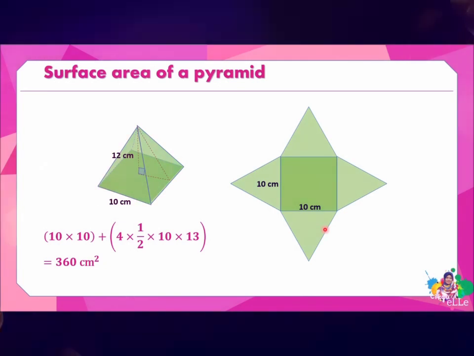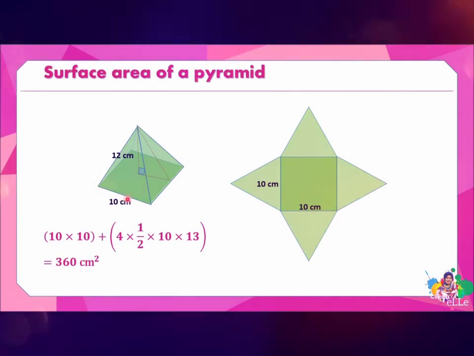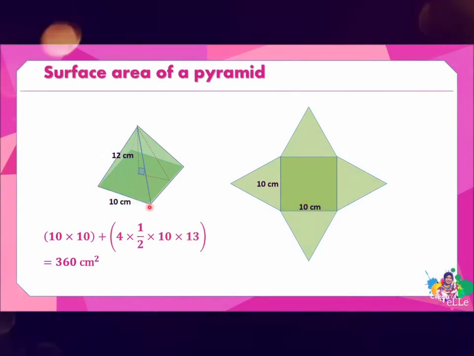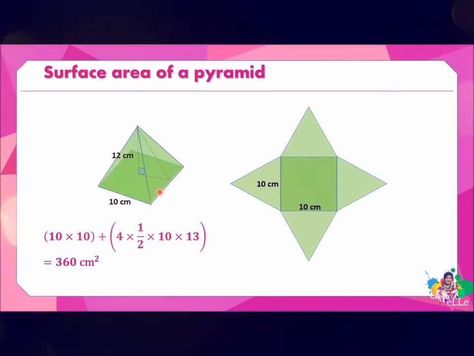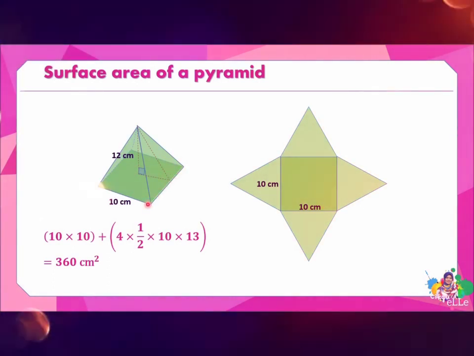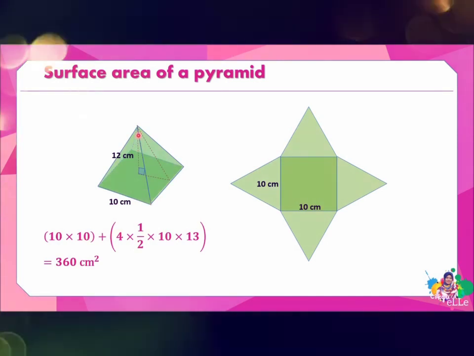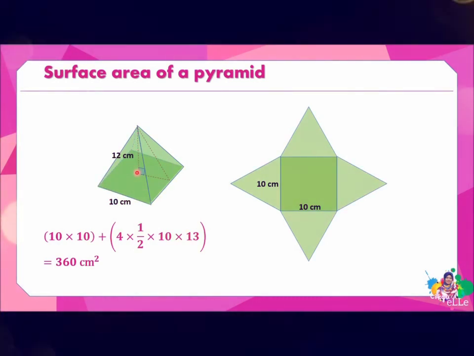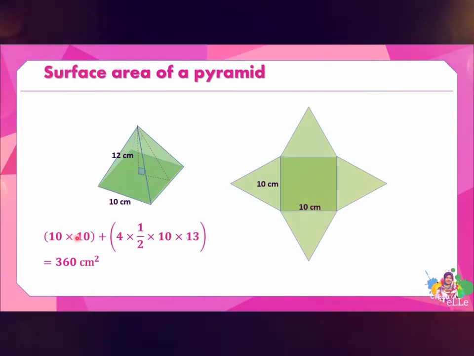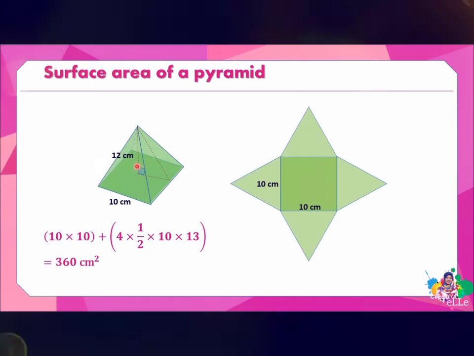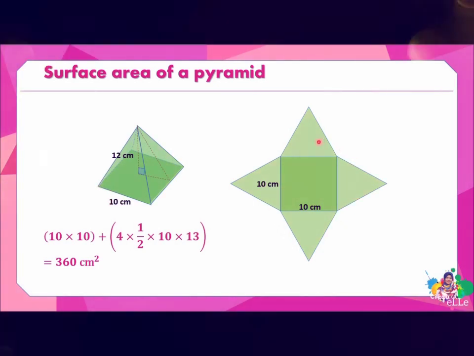Okay, this one is an example. Given this side is 10 centimeter, and this is a square base pyramid, therefore this side is also 10 centimeter, and the height of this pyramid is 12 centimeter. 10 times 10 is for the square base area, plus 4 triangular faces.